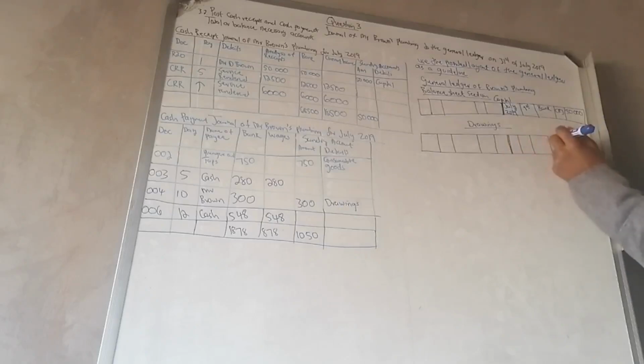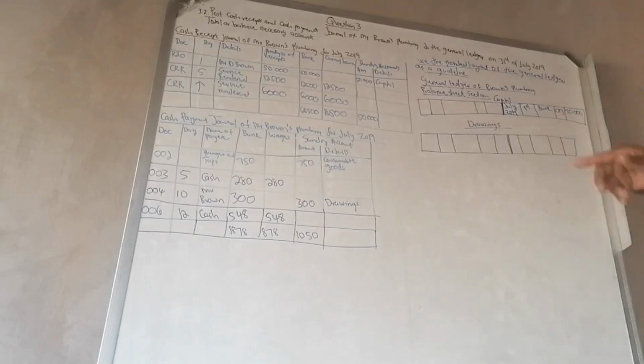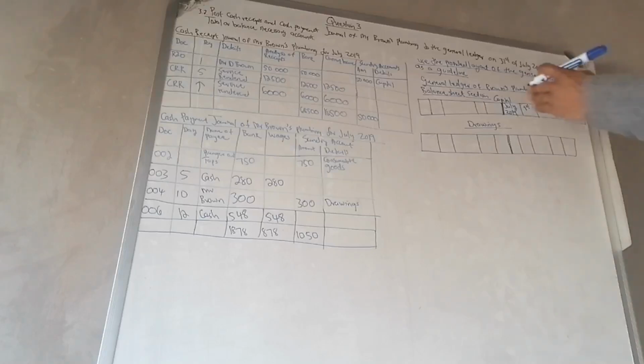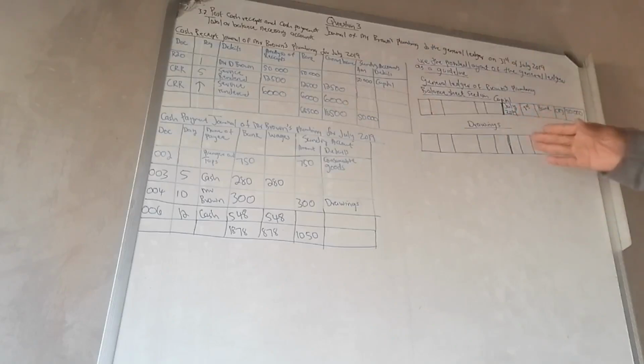I want you to note the difference. On a CRJ, the capital, we are recording on the right side. Nothing is being recorded on the left side. With the drawings, we are recording on the left side and nothing is being recorded on the right side.